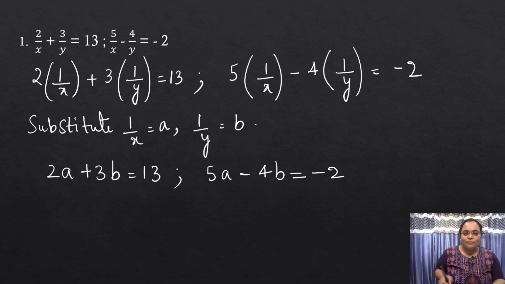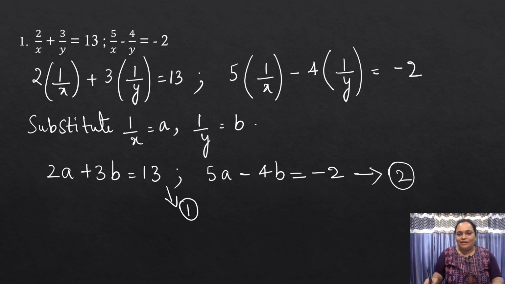This is our equation 1 and this is our equation 2. Now, we know three methods to solve a pair of linear equations in two variables: elimination method, substitution method and cross multiplication method. You can use any of the methods to solve these equations.